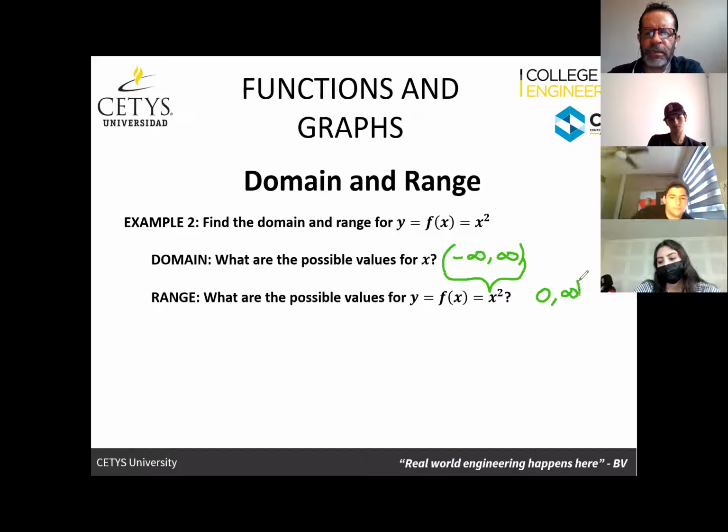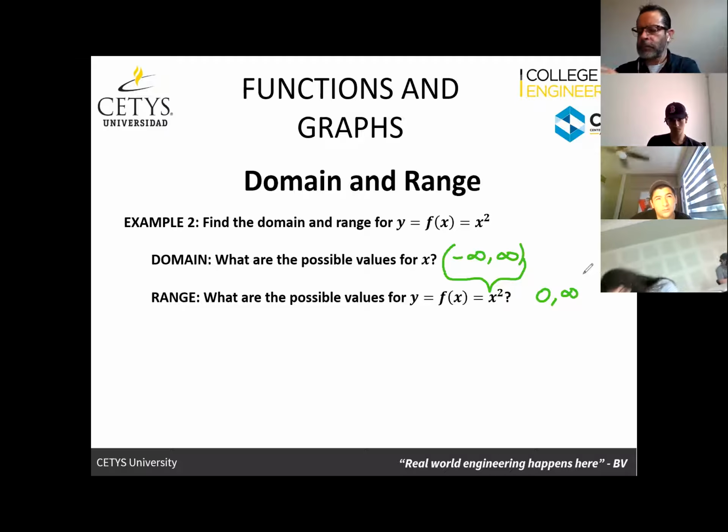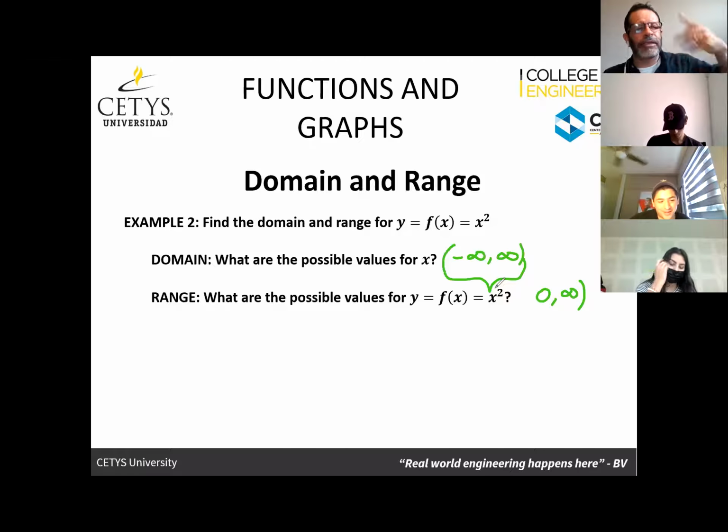Correct. So you're saying that the range would be from 0 to infinite. Would we include the 0 or not? I think so. Yes, I'm not sure. Well, yeah. This is the answer to the question.